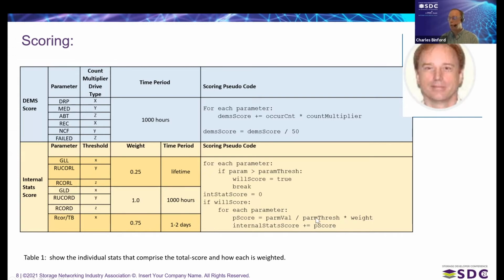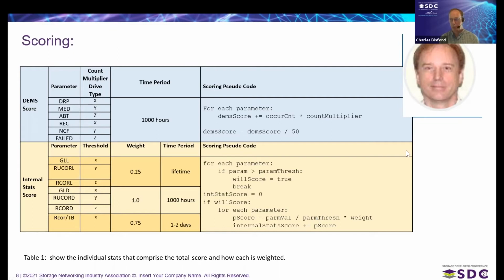At the top, I will mention the DIM score. The way we scored that, we ended up choosing a kind of arbitrary weight on each of them, and based on our analysis as we were developing these actual score values, we came up with a divide by 50 on the DIM score to put it in the same range as the other.